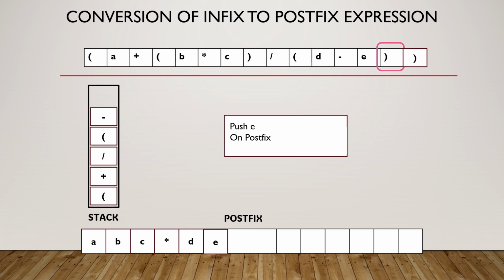And here comes another close bracket, which is pushed on the stack. Inside this open bracket and close bracket there is a minus, so the minus goes to the postfix, and the three items, bracket, minus and close bracket, are removed from the stack.